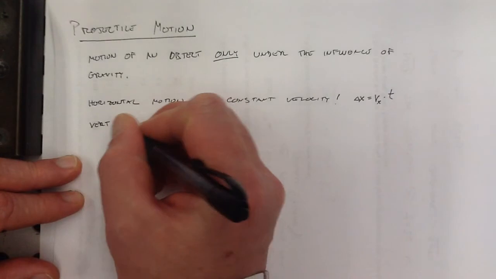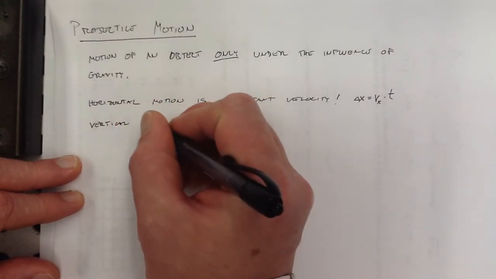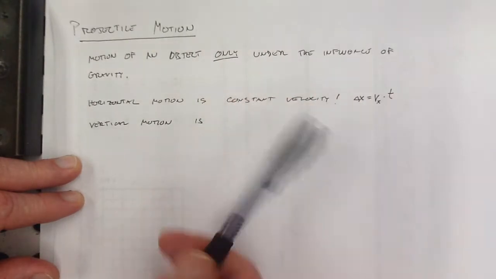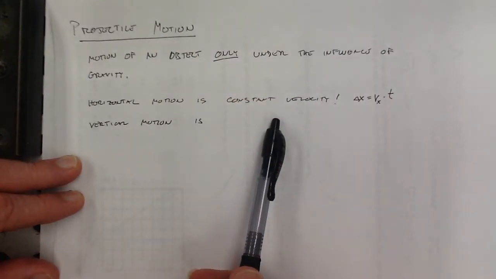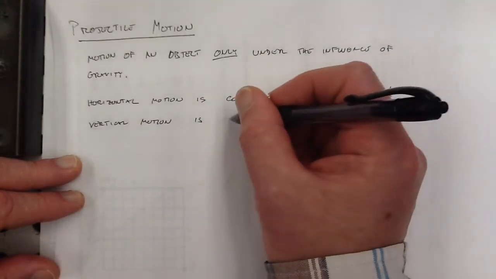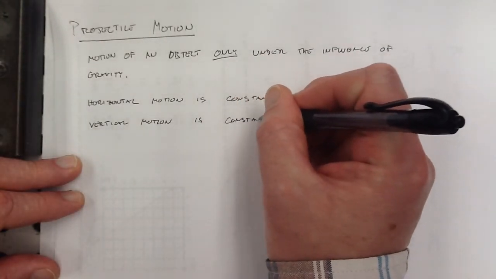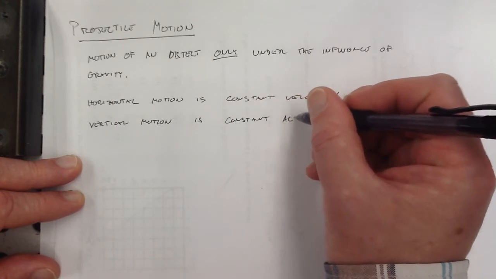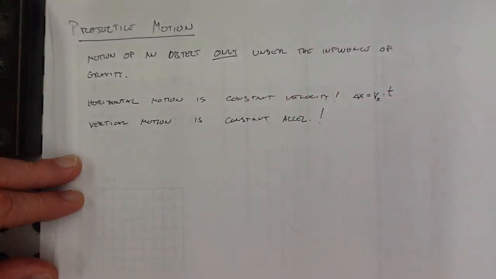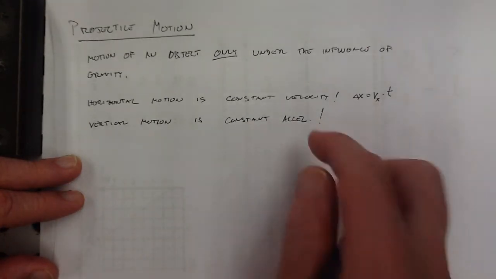The vertical motion of a projectile, as you already know from doing this in Chapter 2 with one dimension with free fall, is constant acceleration. And what does that mean for mathematical models?